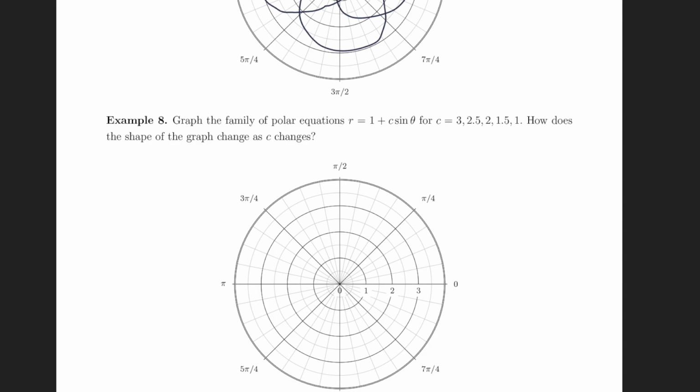So the first one, remember, right? Let's go ahead and do this. This comes in, and then it hits 2, comes back out, comes in like this. Here is the next one in red. It's going to hit 2.5, so it comes in. So this one had a little bit of a loop.